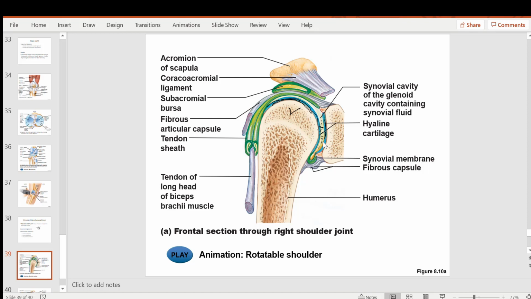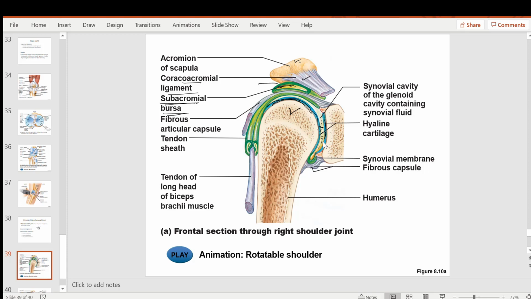So this is a typical synovial joint, and this is a bursa under the coracoacromial ligament, and this bursa is called the subacromial bursa. You remember in the scapula there is a process called the acromion. So this is under the acromion, that's why it is called the subacromial bursa.